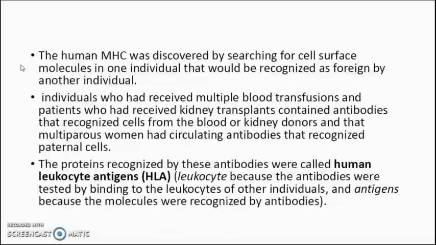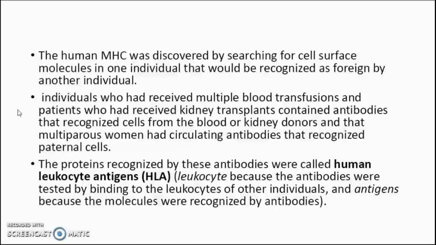The MHC was discovered by searching for cell surface molecules in one individual that would be recognized as foreign by another individual. Individuals who had received multiple blood transfusions and patients who had received kidney transplants contained antibodies that recognized cells from the blood or kidney donors, and multiparous women had circulating antibodies that recognized paternal cells.